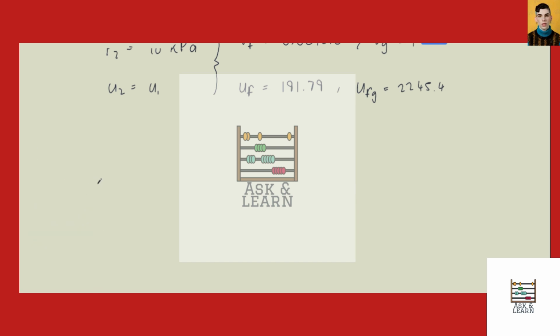Now, our quality of the mixture, x2, is equal to u2 minus uf over ufg. So this is 251.16 minus 191.79 all over ufg, which is 2245.4. And so we get our quality to be 0.02644, which is roughly 2.6%.